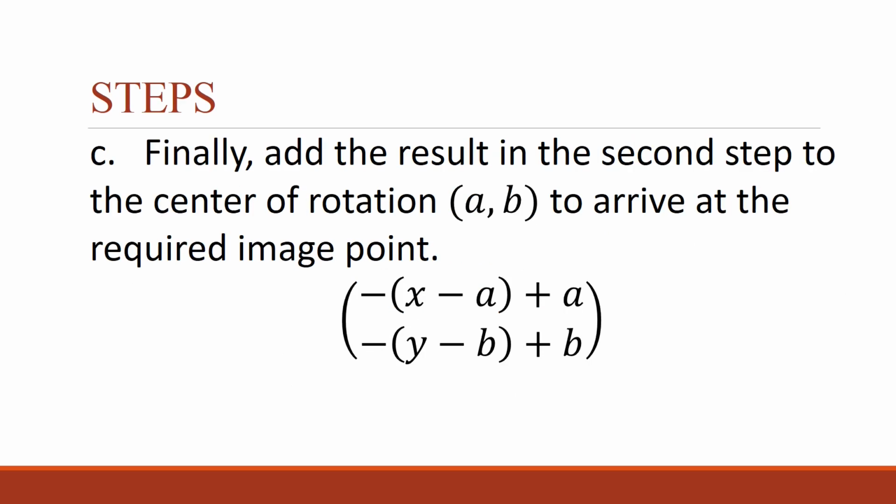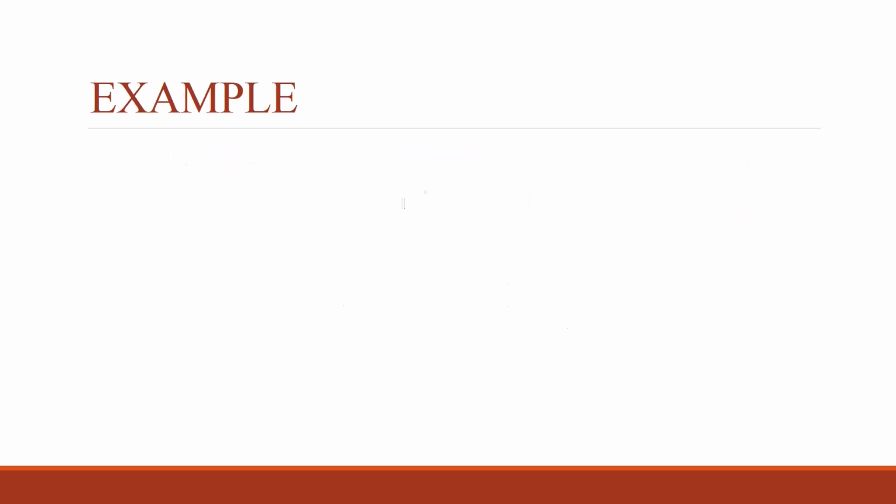The final step is that we add the result in the second step to the center of rotation (a, b) to arrive at the required image point. So, negative (x minus a), we are going to add a, which is the x coordinate of the center of rotation. Whilst on the y coordinate, we have negative (y minus b) being added to b, where b is also the y coordinate of the center of rotation.